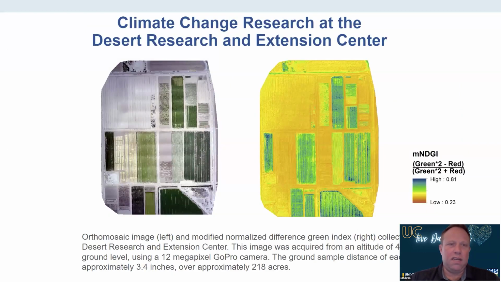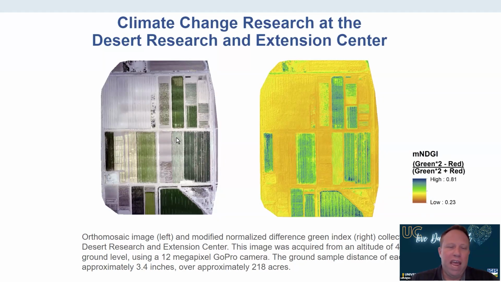Good. I think this might be the last slide. One of our other research and extension centers, by the way, UCANR has 9 research and extension centers spread throughout the state, some related to natural resource management, others to agricultural research. The Desert Research and Extension Center down along the southern border by Oakville is an agricultural research center, but of course there are a lot of water studies that go there.